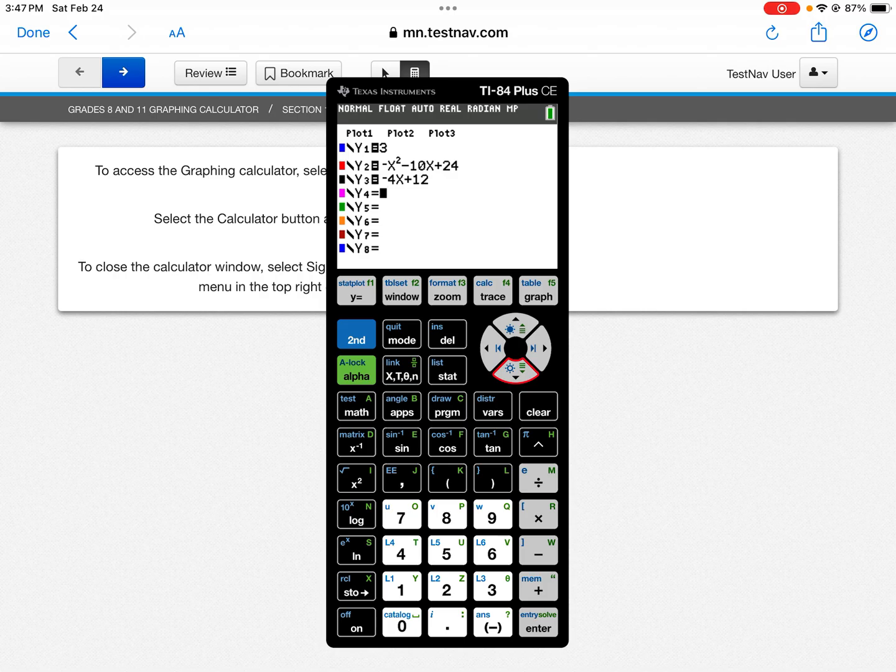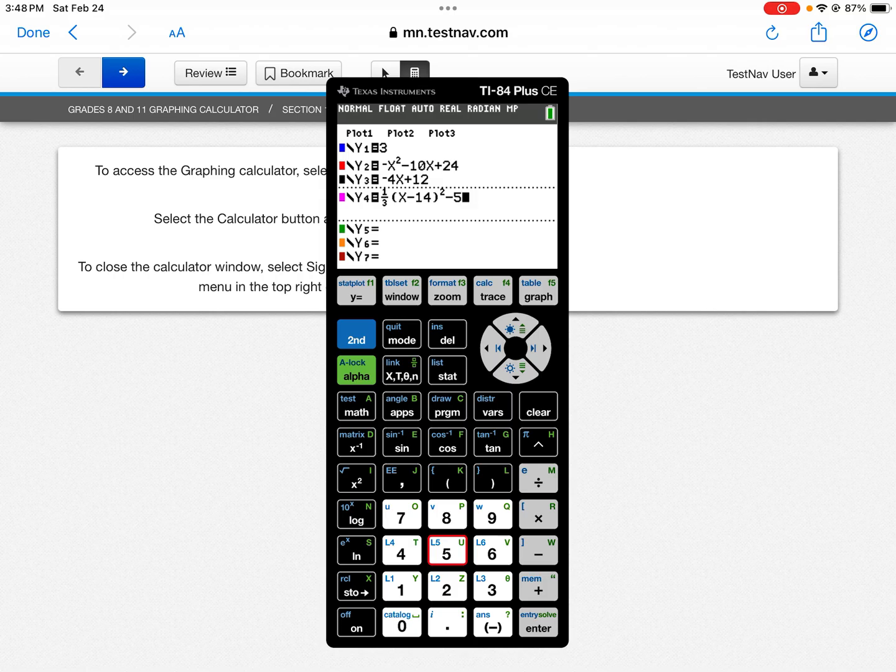And the last one is 1/3 times the quantity x minus 14, squared, minus 5. Okay?